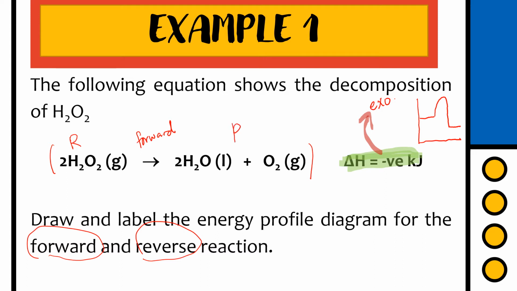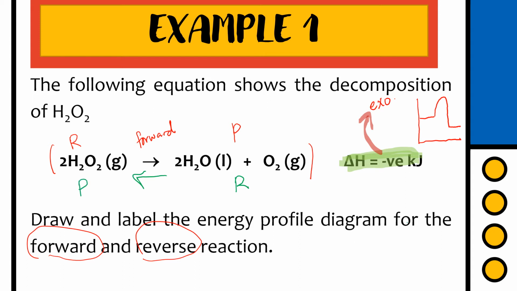For the reverse reaction, even though this is not a reversible reaction, the question can still ask for an energy profile diagram for the reverse reaction. It will be the other way around, like this. H2O and O2 will be our reactant for the reverse reaction, and H2O2, the peroxide, will be our product.